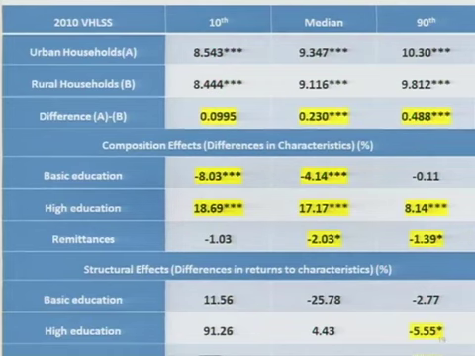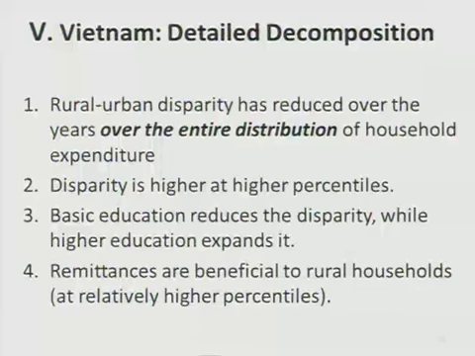Higher education has the opposite effect: access to higher education tends to increase the disparity. We have also found that remittances have a role in reducing the disparity, both from the composition effect and the structural effect.